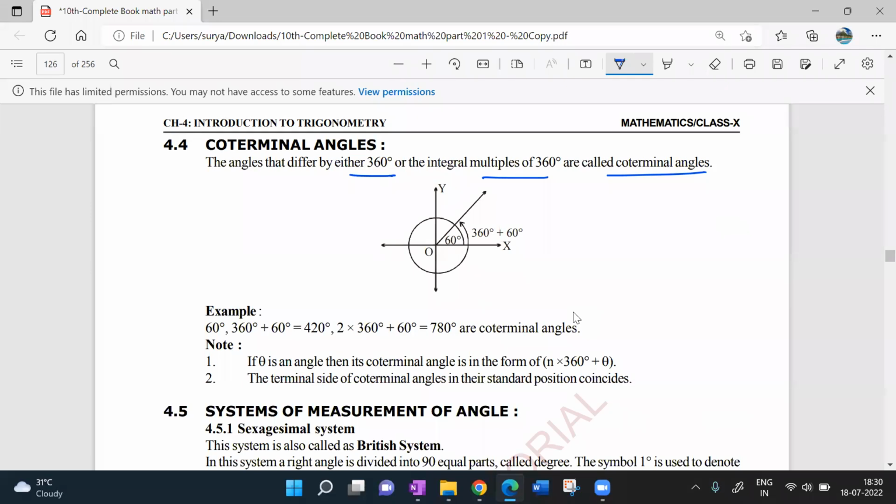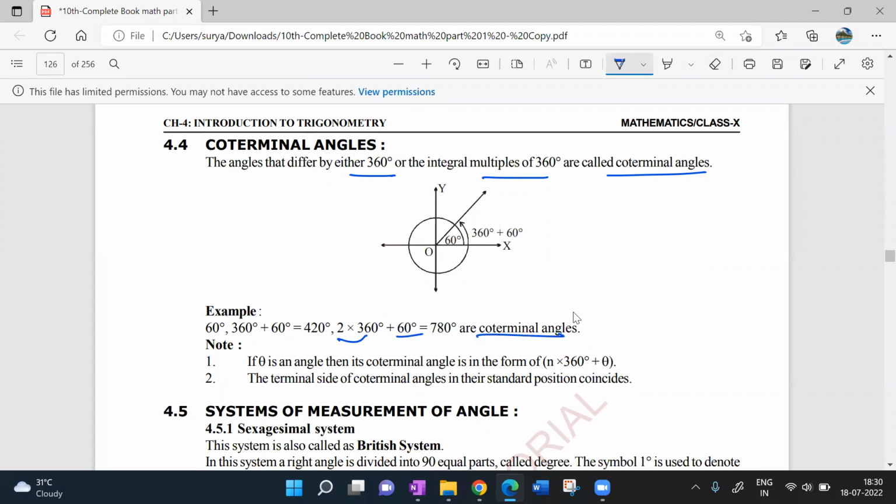For example, look at it: 60, 360 plus 60, 2 into 360 plus 60, 780. Basically, what multiples of 60 can I say? Angles that differ by 360 or integral multiples of 360 are co-terminal angles. 60, 420, 780, you can say 2 into 360 plus 60.